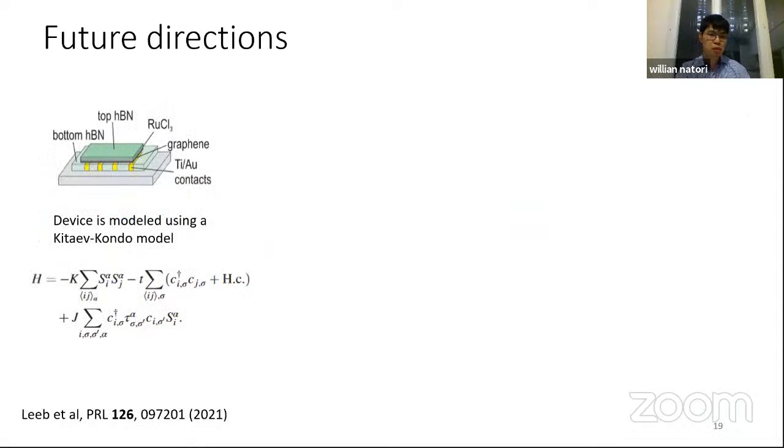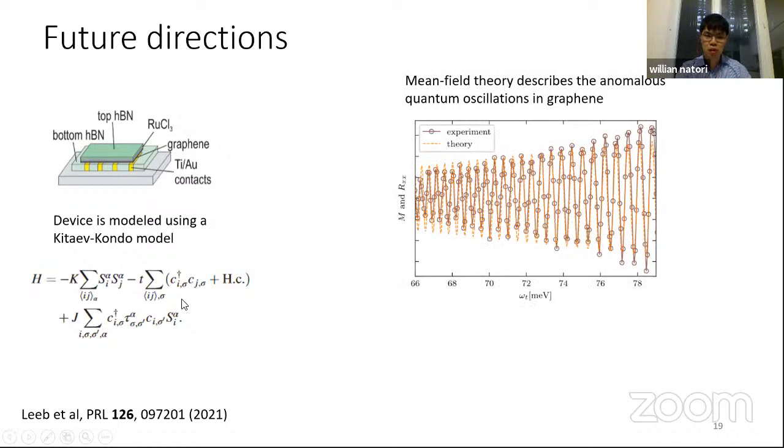There is one experiment that was done, in this device here, using graphene over ruthenium trichloride, and they tried to measure the quantum oscillations in graphene. So they used this simplified model of a Kitaev plus a Kondo coupling model.